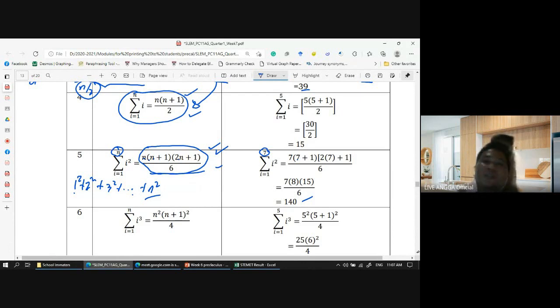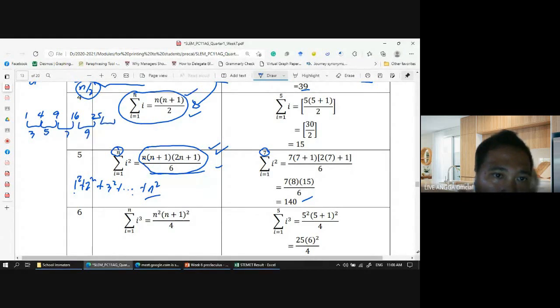So, the second difference is yung common na. What I mean is, 1 squared 1, 2 squared 4, 3 squared 9, 4 squared 16, 5 squared 25. Kung kuhaan mo ang first common difference, of course, ang common ay 3, 5, 7, 9, and so on. Then 36 ang sunod, 11.